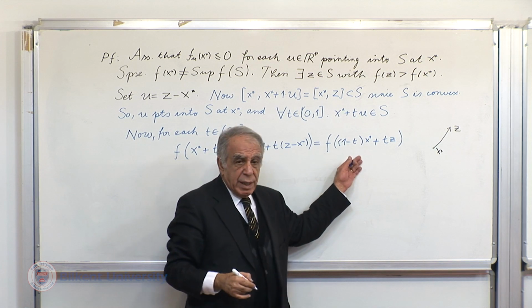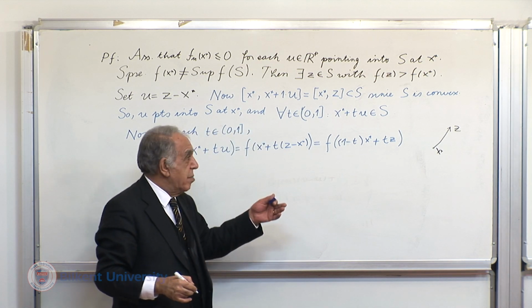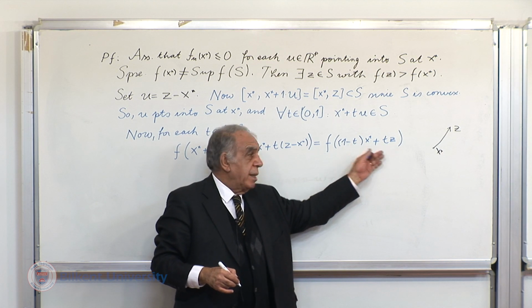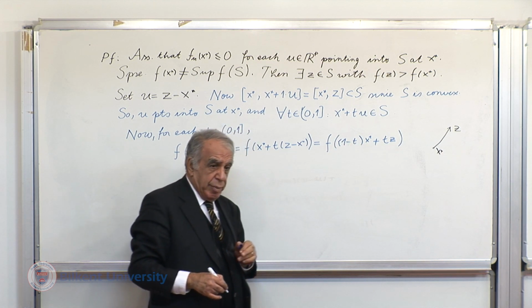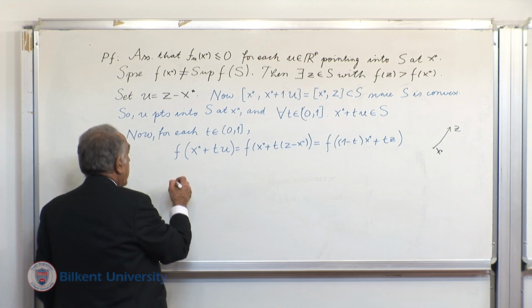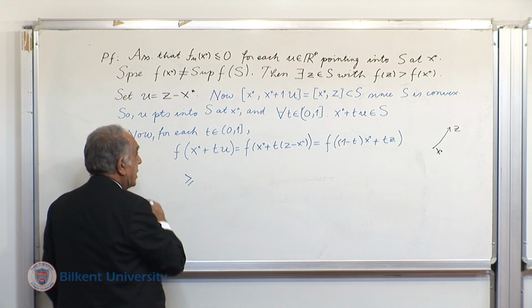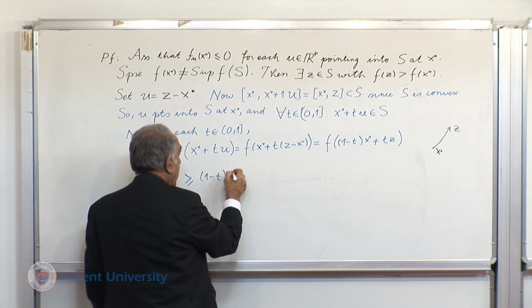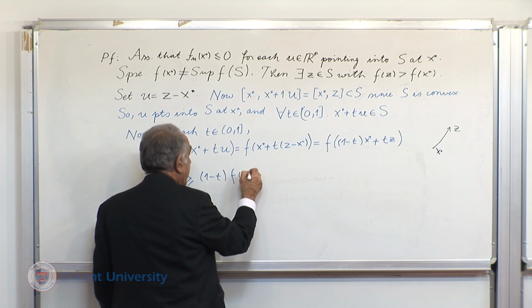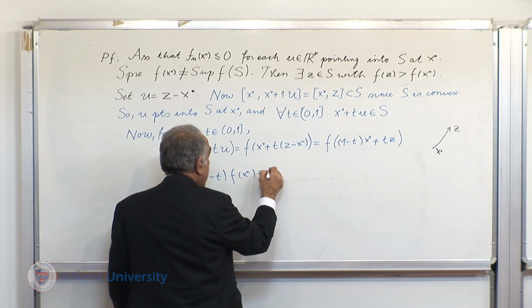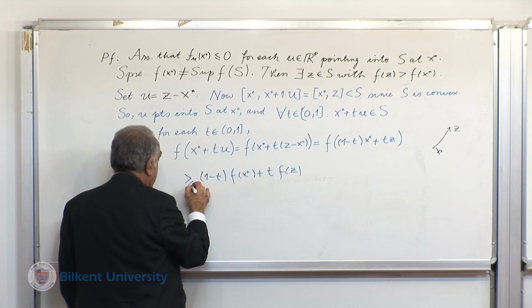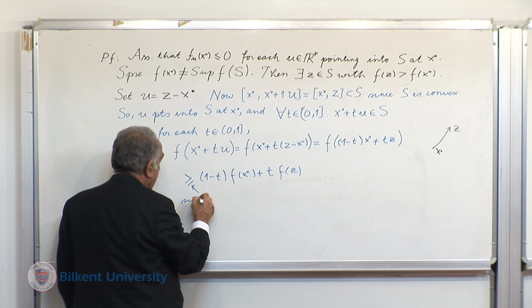So the argument is a convex combination of x star and z. t is positive and these add up to 1. So this is larger than or equal to 1 minus t times f of x star plus t times f of z, since f is concave.